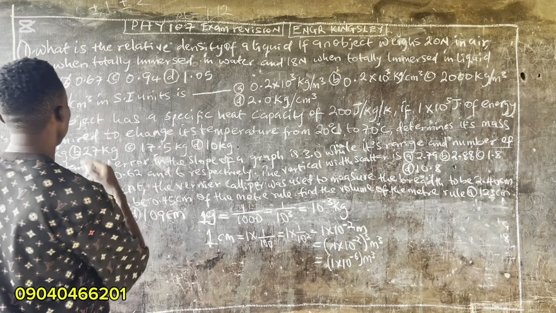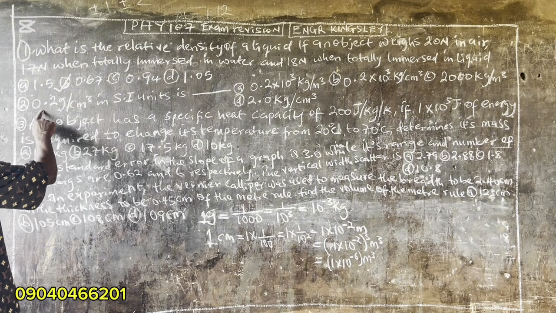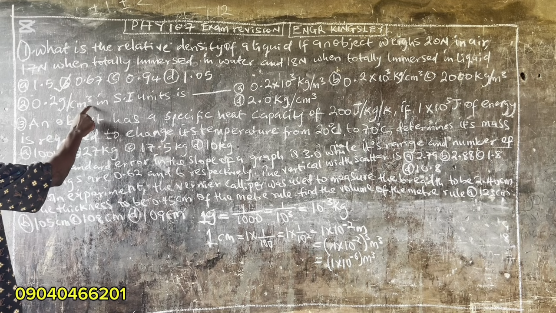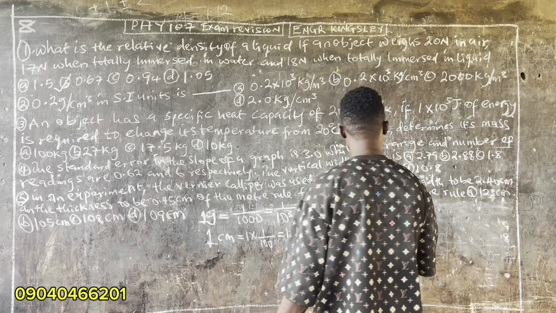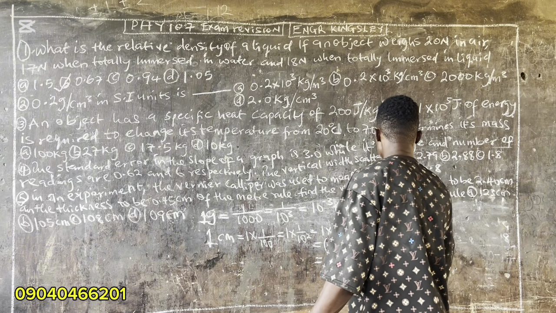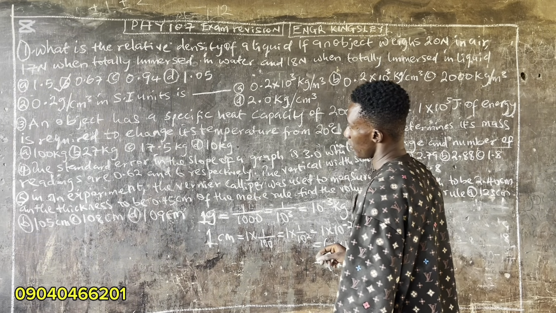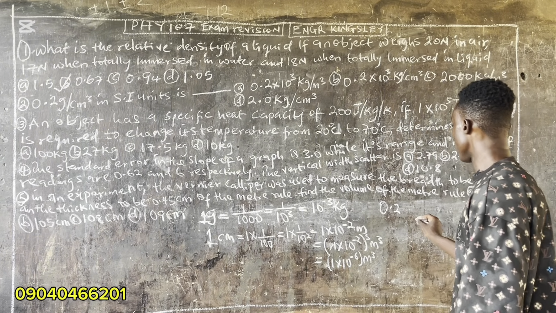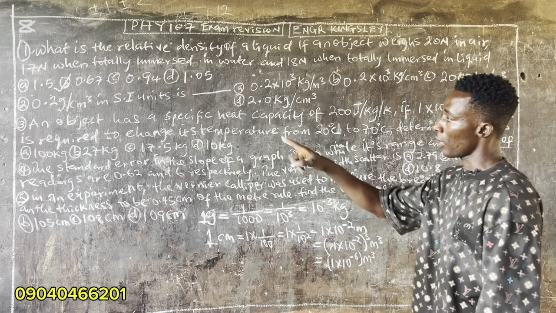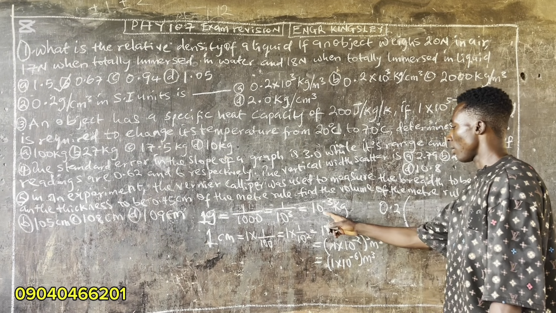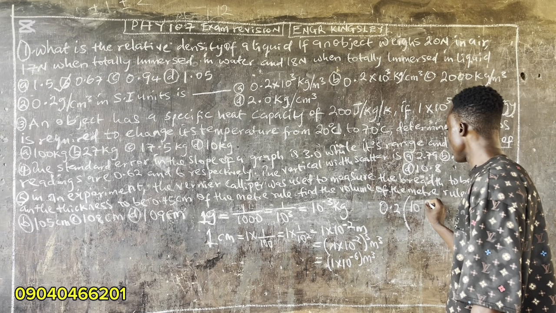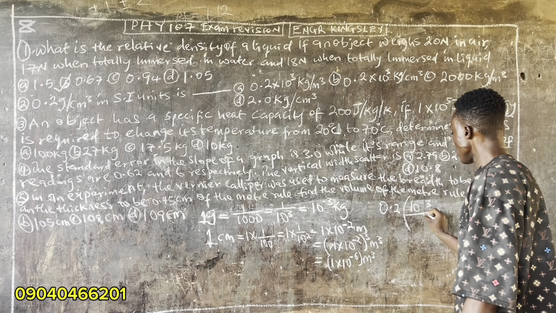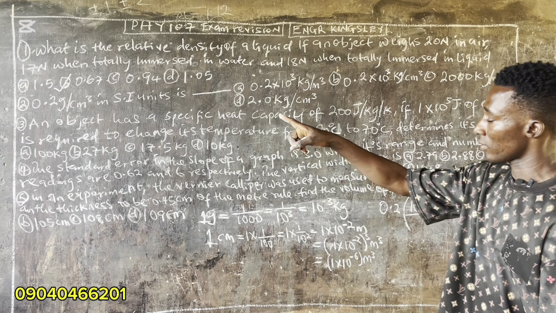Okay, let's look at the question. The question we are converting is 0.2 gram all over cm cube. If you want to do this, it's very simple. Just write out the figure you have, 0.2. How you do it in your exam, it's very, very short. Multiply it with the conversion I have given you now. For gram, you are multiplying with times 10 raised to the power minus 3, that is, to convert gram to kilogram.